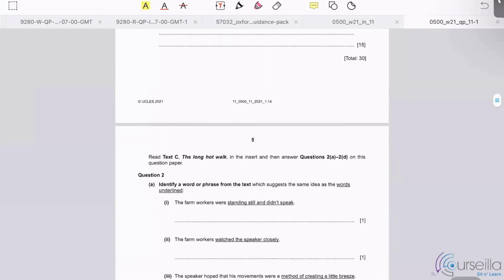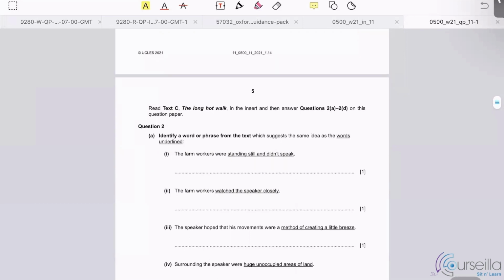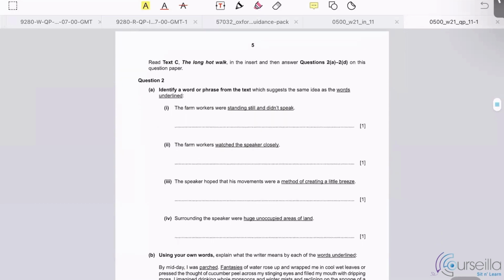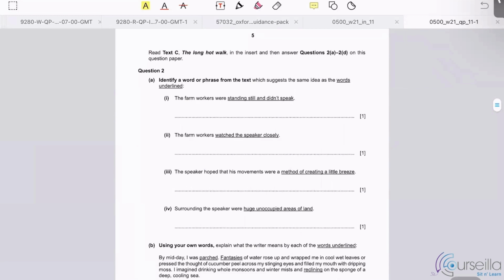And then text C, again, he's asking you about the meaning. He's asking you to get a word from the text that gives the same meaning. So it's the other way around. It's not that I'm giving you a phrase from the text and asking for the meaning. No, he's giving you the meaning, and he will ask you to get the phrase from the passage.